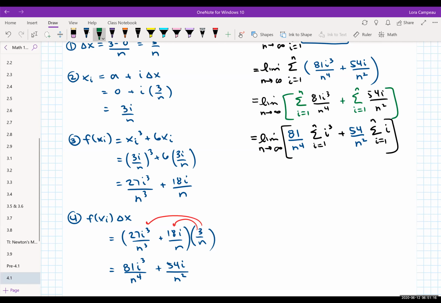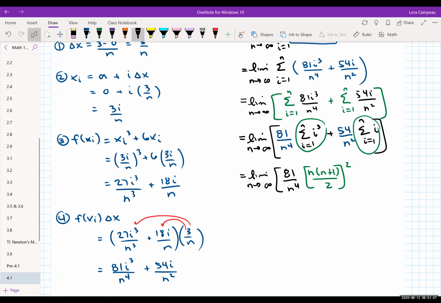But now, seeing this clearly, I can replace these summations with their formulas. So I can get rid of that complication at least. So as n approaches infinity, I still have 81 over n to the 4th. The summation of the i cubes, if you remember, is n times n plus 1 over 2, but it's squared.